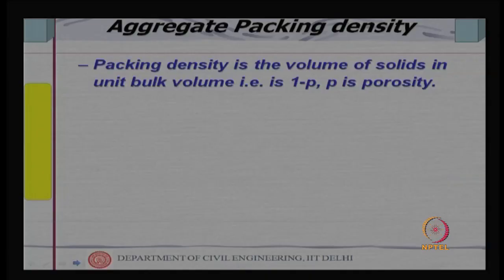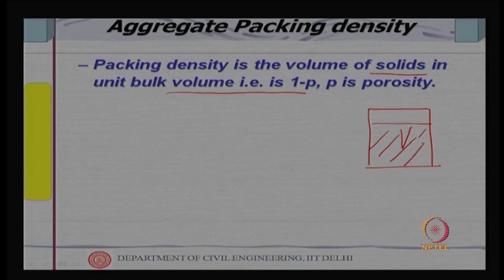Now, packing density we define as the volume of solids in unit bulk volume. So, if I have total volume V and volume of solids, let us say, is Vs, and this is volume of pores Vp, then packing density will be Vs divided by V, where total V is equal to Vs plus Vp.